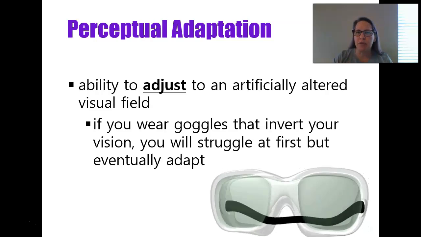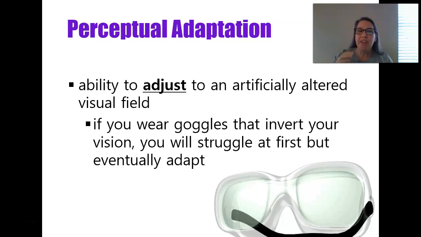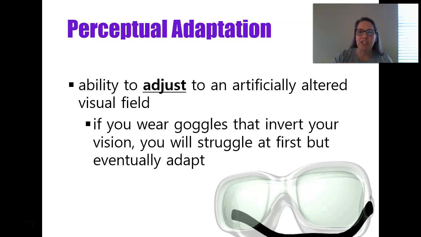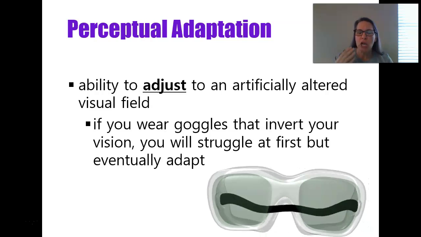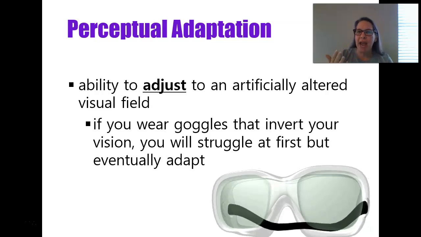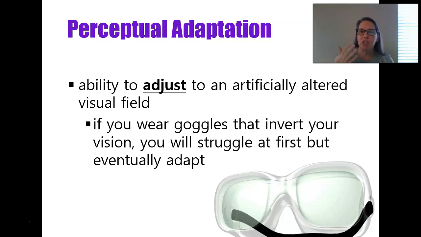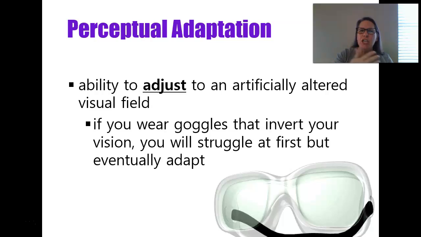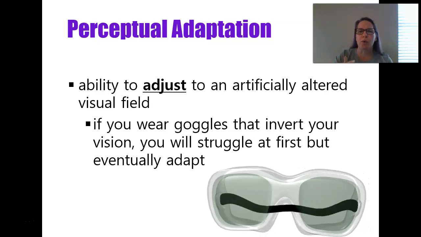You would really notice. But then after that, our visual system has this amazing ability to adapt to what's going on. So even after about an hour, your vision would adapt. You would forget that you had the eye patch on your eye, and you would still be able to do everything that you would normally be able to do.